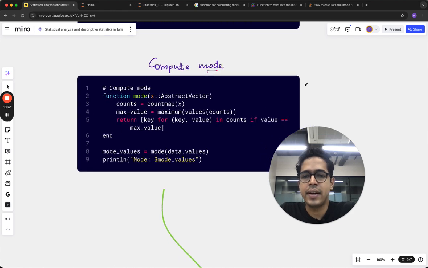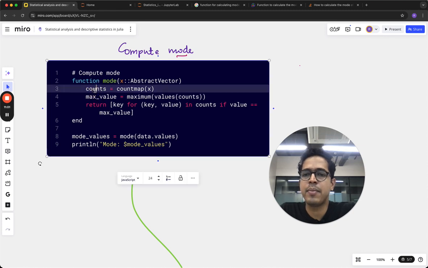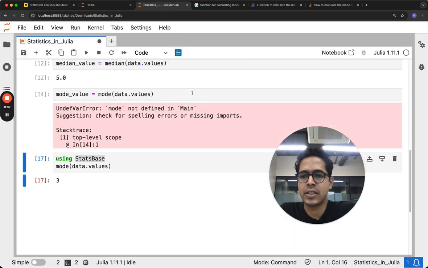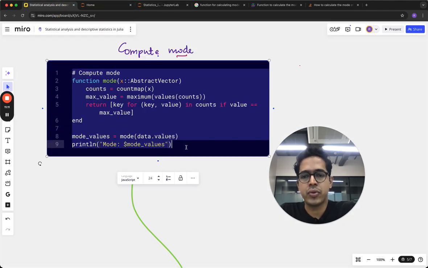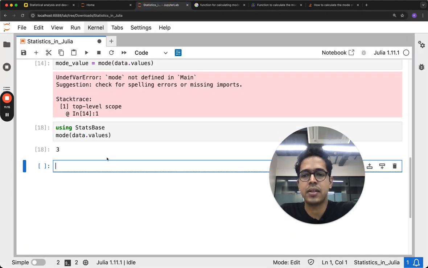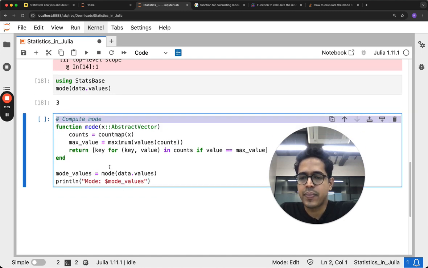So here what we did is we defined a variable for calculating the count of numbers. Let me just copy paste this, and I just want to show you the execution of this function. Although it won't be very useful for you, it's not needed. You can simply call the mode function from StatsBase. So let's compute the mode.